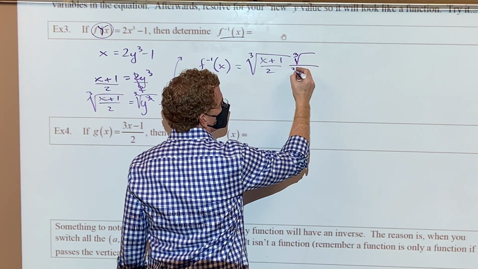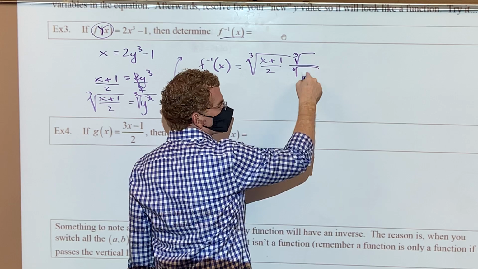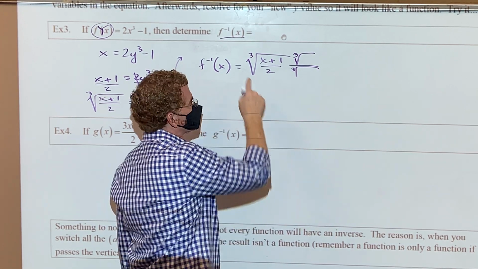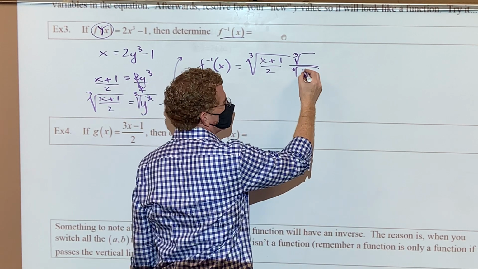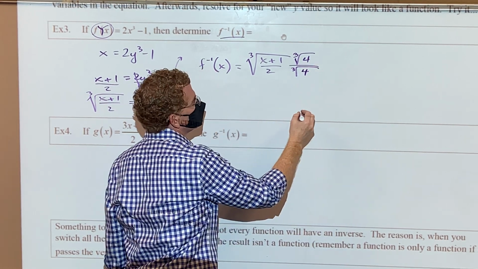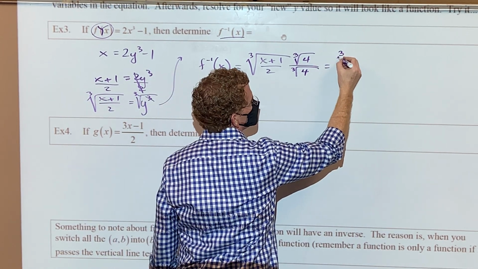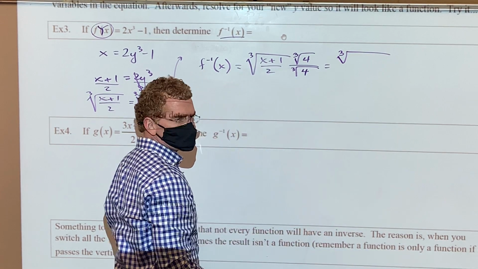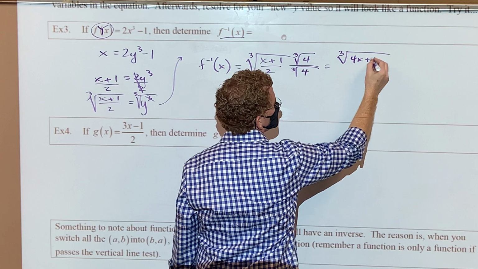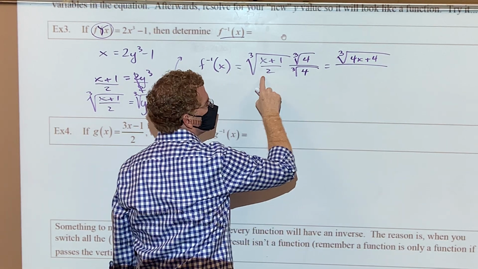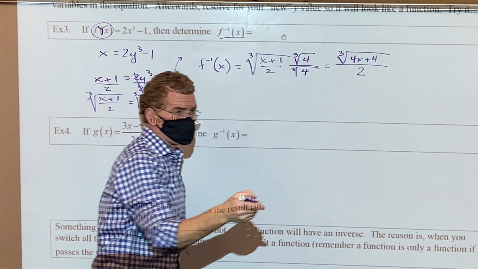A lot of you on your test did 2 2's here and there. But if it's a cube root, I need 3 2's down there, right? And I already have 1, so I need to use 2 more, so 4 and 4. And what does that give me on the top? The cube root of 4x plus 4 over a what? Regular 2. Cube root of 8, but regular 2.